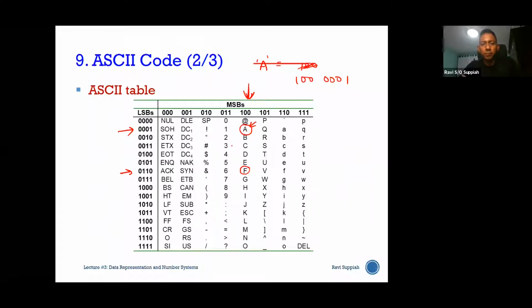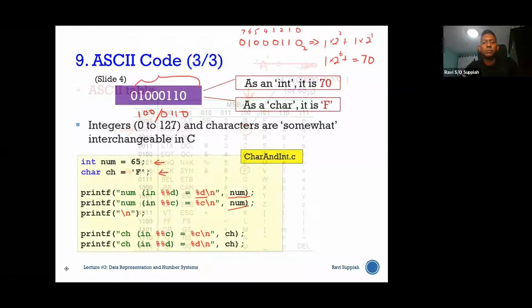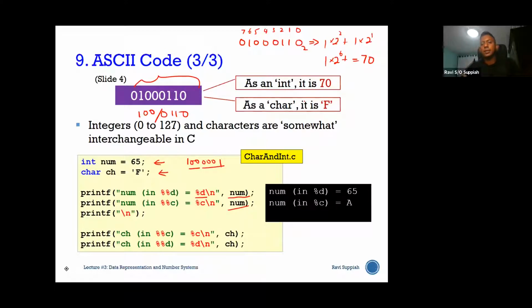It's capital A. So over here, when I take the same 8 bits and I say that I want to interpret it as a character because I'm now using the printout %c, when you use the format specifier %c, you are telling the program that you want to interpret this data as an ASCII character.